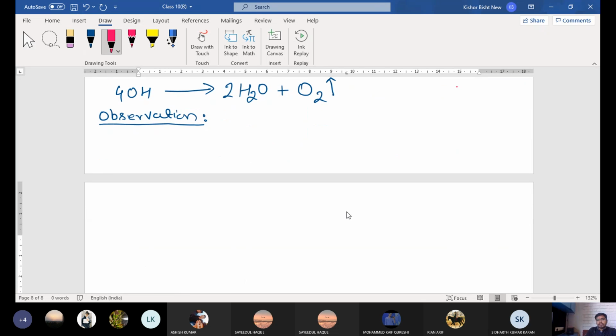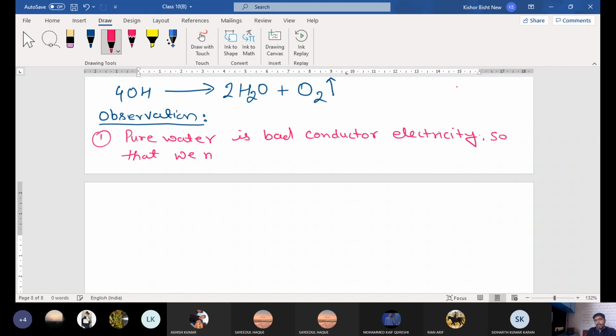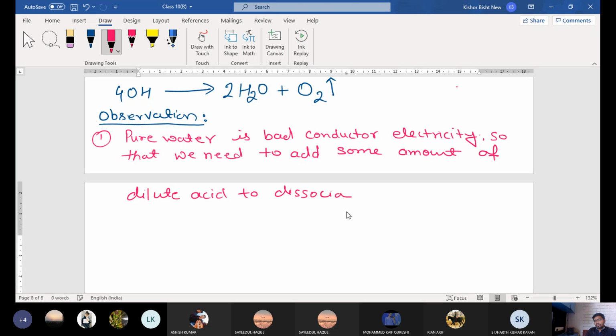So the first observation is that pure water is a bad conductor of electricity, so we need to add some amount of dilute acid to dissociate the water molecule into its ions. First point, 1 minute, wait.